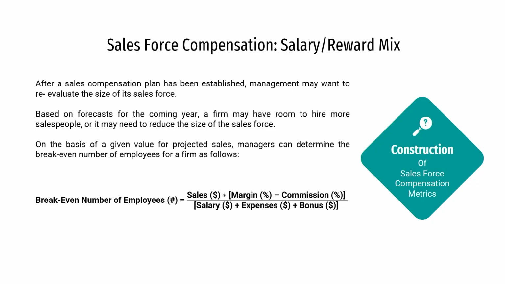From 100 rupees of incremental sales, the economic value to the organization is 30 rupees, because 40% is the contribution margin, that is 40 rupees if the selling price is 100 rupees, minus 10% commission of the salesperson. So, 40 minus 10, that is 30. Similarly, sales multiplied by margin minus commission will give us the net profit.